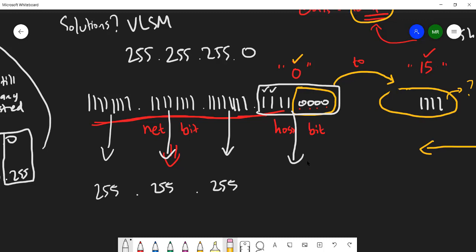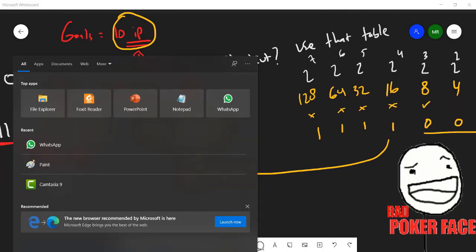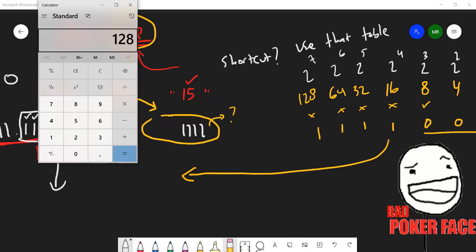So, what is the subnet mask that's suitable for a 10-slot IP allocation? All 1s in the first, second, and third octets is 255. The fourth octet is, let me bring the calculator first, 240.